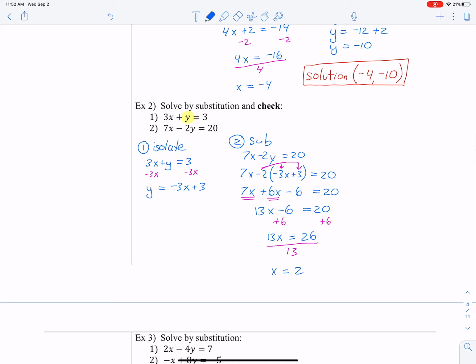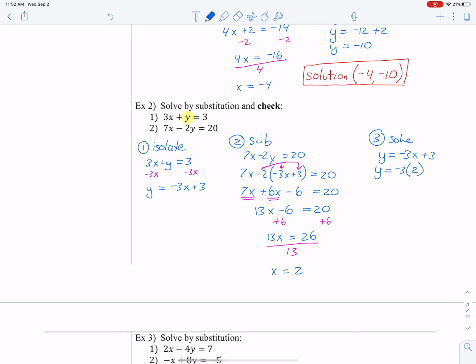So our next step is going to be solve for the other variable. So we want to have the equation that we used in part 1, but we want it in its isolated form. So we're not going to take this equation. We're going to take the one where we've already isolated everything. So y is equal to -3x plus 3. So instead now of my x, I'm going to use the value that I found right here.